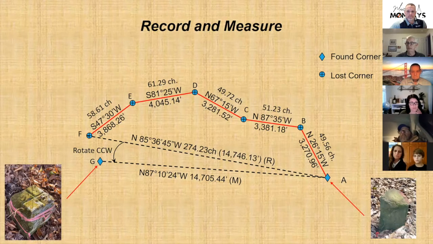We're going to take the whole thing, but we're going to keep the angular proportions. We don't want to change the angular relationship from line to line. Got that? And then we're going to take the distances between the record and the measured, and we're going to come up with a ratio, and we're going to apply that ratio to each one of the distances along here. And that's all there is to it. Okay, let's go on.